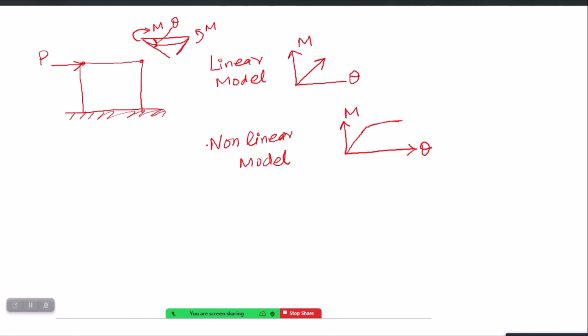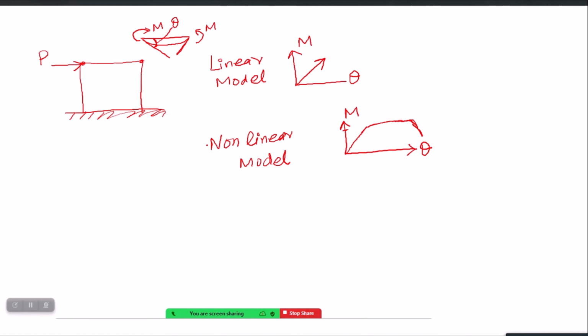So there is a limit on the bending moment which the beam will be able to develop, and that will be the moment capacity of your beam. Once it is reached, the bending moment will no longer increase, but only theta will increase. And ultimately when theta also exceeds the deformation capacity of your beam, then it will fail like this.